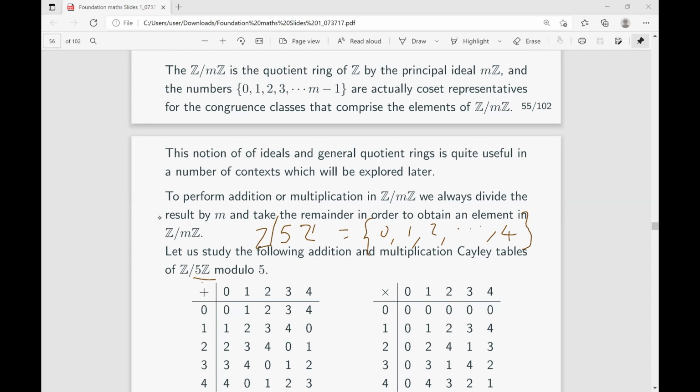So I've come up with a table for addition and a table for multiplication. These tables we call Cayley tables. If you are doing it for multiplication, you get the multiplicative Cayley table, and if you are doing it for addition, what you have is the additive Cayley table.